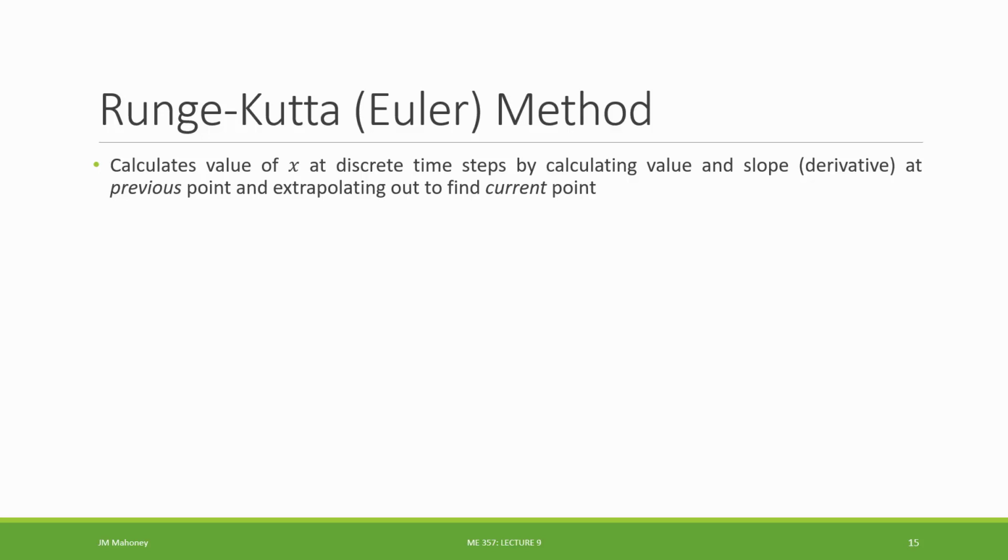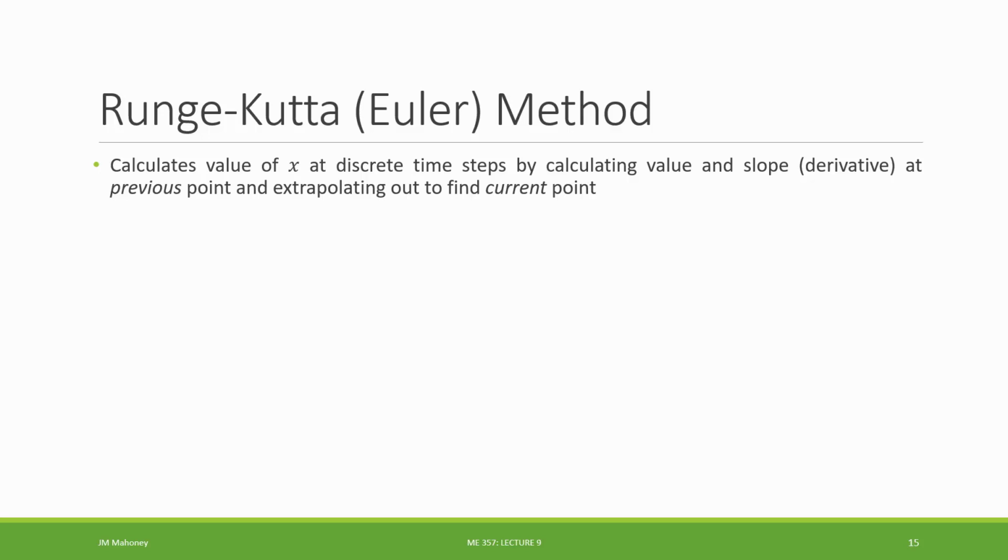At every step, it knows the value of your variables, and because you're giving it the first order ordinary differential equation, it also is able to calculate the time derivative at that specific time.